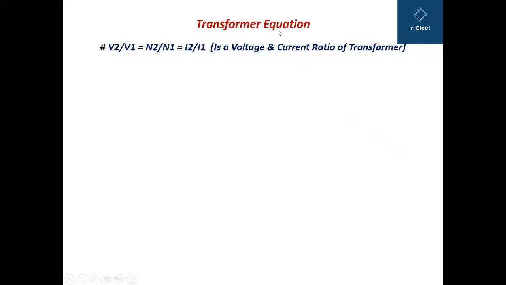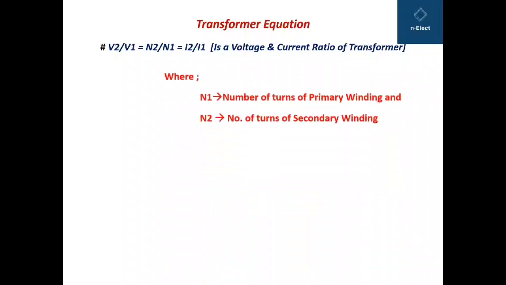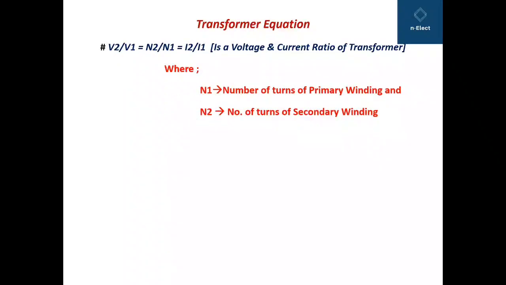So far as the transformer equation is concerned, the simple equation between the voltage and the number of turns is V2 upon V1 equals N2 upon N1, but so far as the current is concerned, it is inverted, that is I2 upon I1 equals N1 upon N2. This is called the voltage and current ratio of the transformer, where N1 is the number of turns of the primary winding, while N2 is the number of turns of the secondary winding.